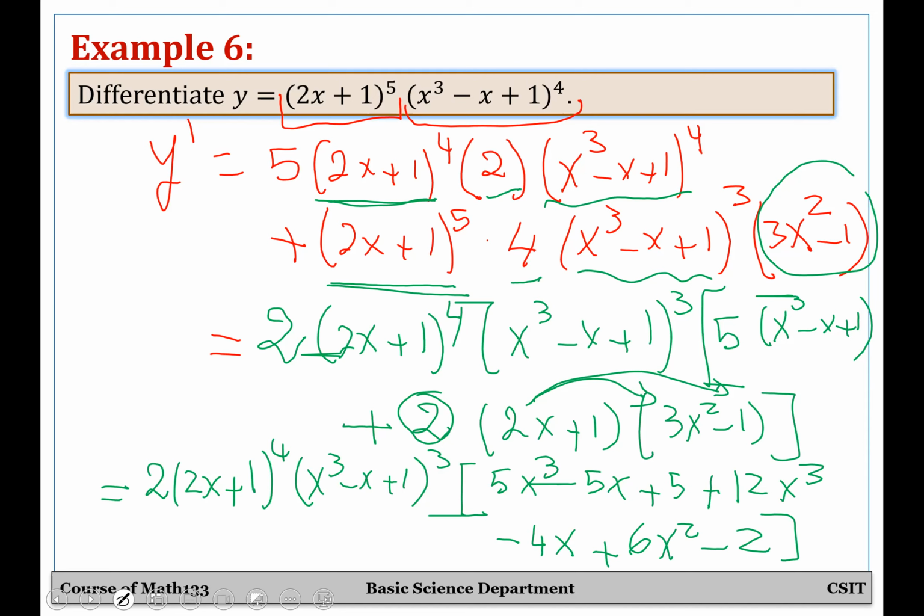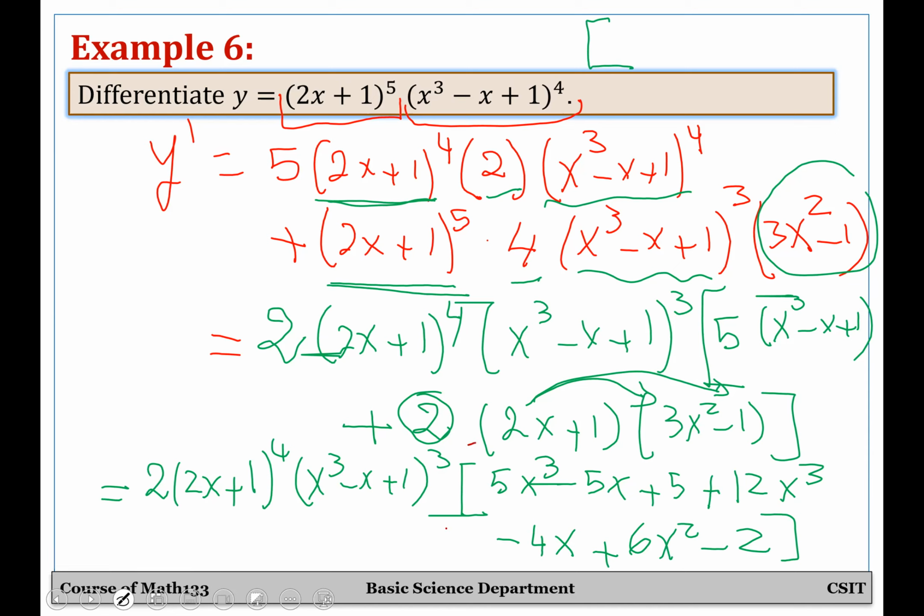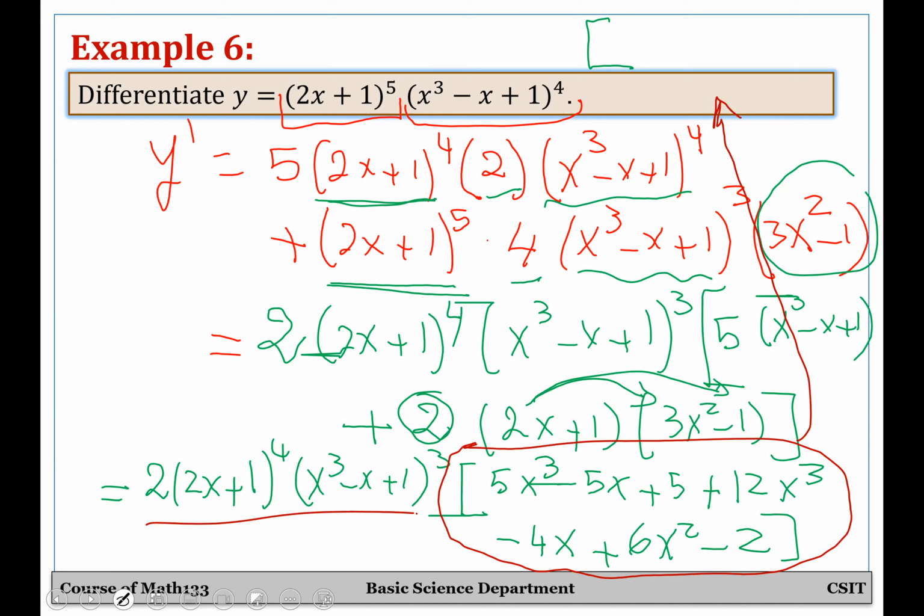So I will continue here. Between brackets, I will just repeat or compute what it is inside here to write it in this part. Okay, don't forget the remaining here terms.